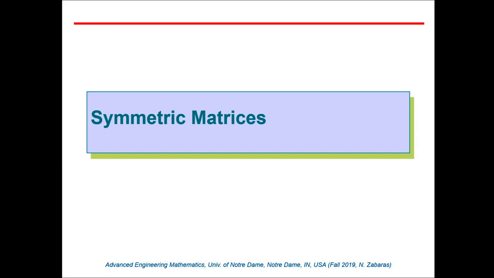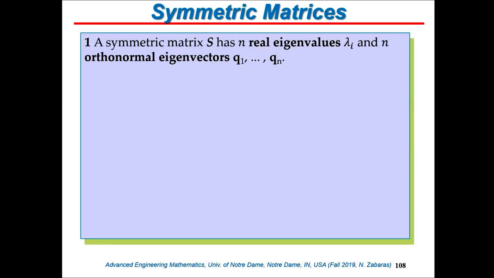Okay, so let's keep moving forward, and I want to say a few things now in summary for symmetric matrices. So let me first summarize them again. For symmetric matrices, we have n real eigenvalues, and the eigenvectors can be written down in an orthonormal form. So we have n orthonormal eigenvectors q1 to qn.